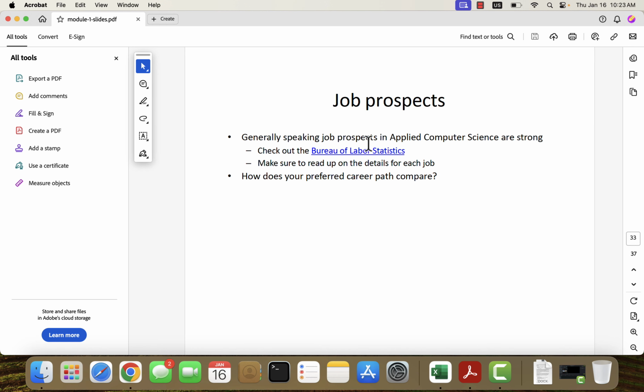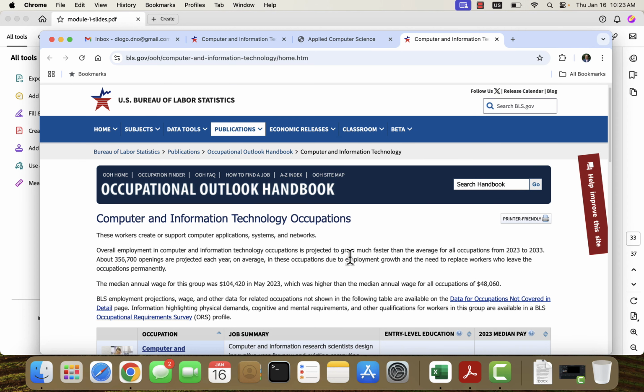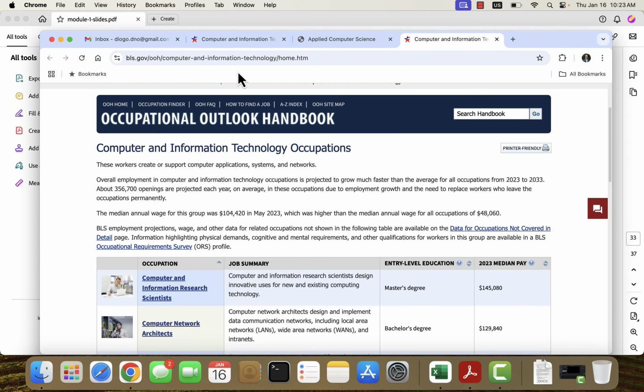Also, if you are interested, I would recommend that you check out the Bureau of Labor Statistics. Obviously, here you can see information about all occupations, right? But the link that I included in the PDF file in these slides is a link to occupations specific to computer and information technology, okay?